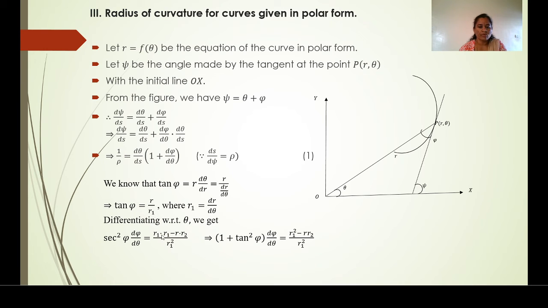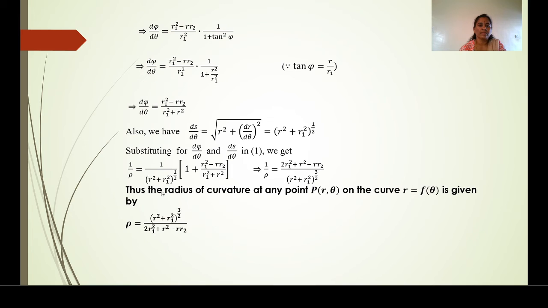Apply the quotient rule, differentiate, we get this result: (r1 square minus r r2) by r1 square, with 1 plus tan square ψ as secant square ψ. Again write down 1 plus tan square ψ. Then dψ/dθ is equal to, on simplifying, from the quotient rule, 1 divided by 1 plus tan square ψ. Again dψ/dθ is equal to (r1 square minus r r2) by r1 square into 1 divided by 1 plus tan square ψ, which is r square by r1 square.